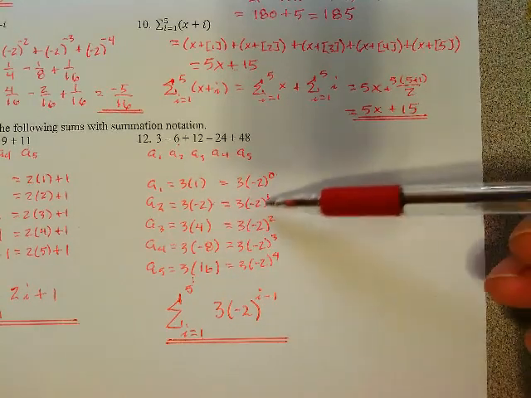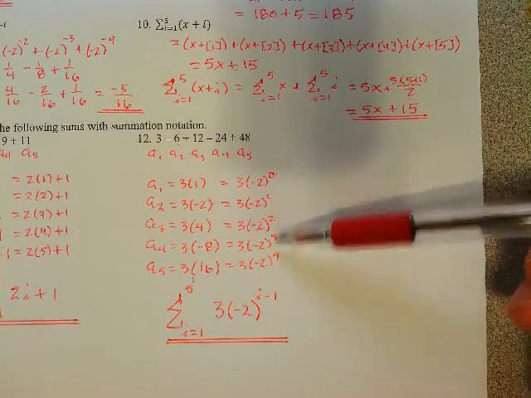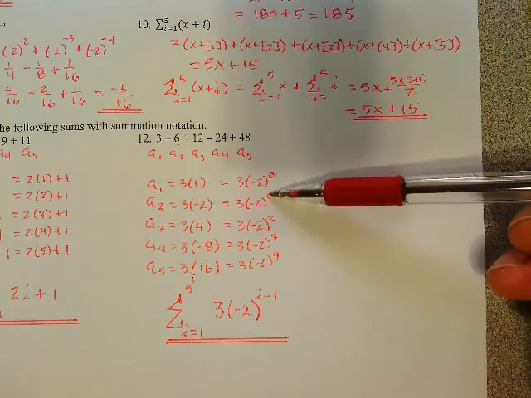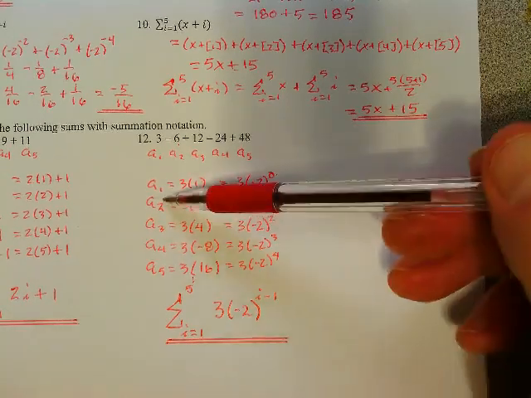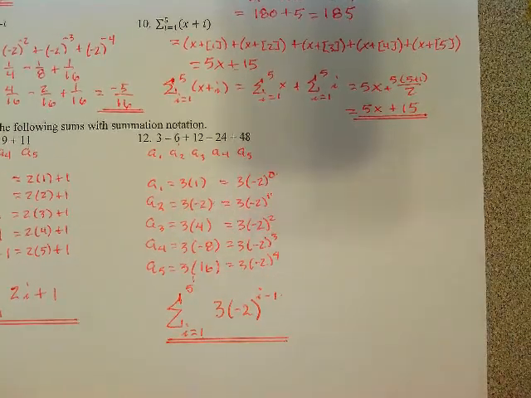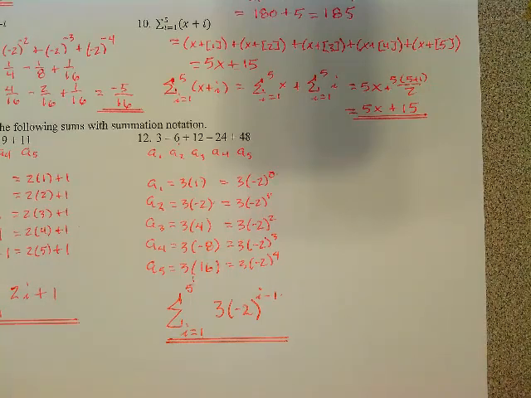So therefore, negative 2 to the 0, negative 2 to the 1, negative 2 squared, negative 2 cubed, and then recognizing that these exponents are all 1 less than those. And so there is my general form. And so a quick look at sequences and series.